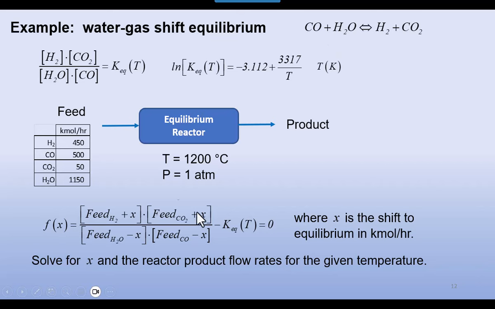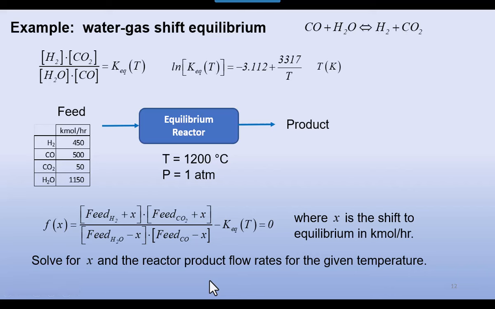And then what we're doing is we're taking this relationship up here and moving the equilibrium constant to the left side of the equal sign so that our f of x is equal to 0. So now we have an equation in one unknown, and we want to solve for x, and then solve for the product flow rates by applying x to our feeds. So that's the kind of situation that we have.